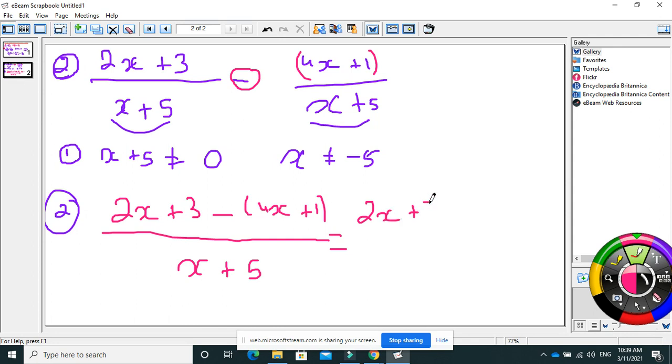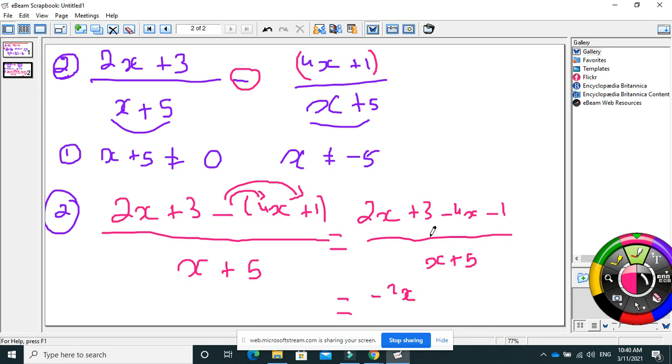It's 2x plus 3 minus 4x minus 1 over x plus 5. So minus times 4x gives minus 4x, minus times plus 1 gives minus 1. And now I do the operation. 2x minus 4x gives me minus 2x plus 2 over x plus 5.